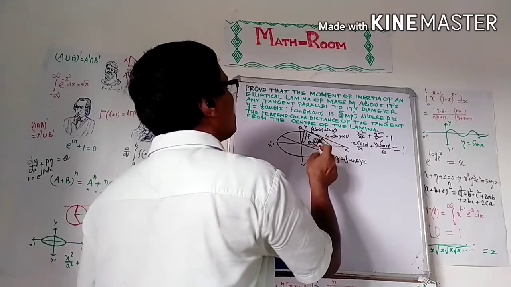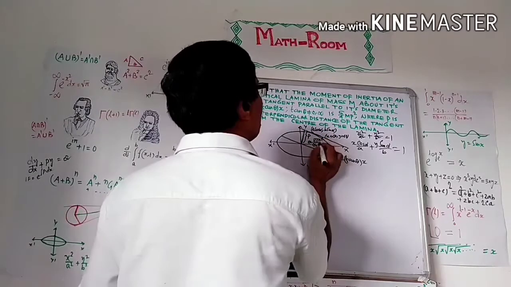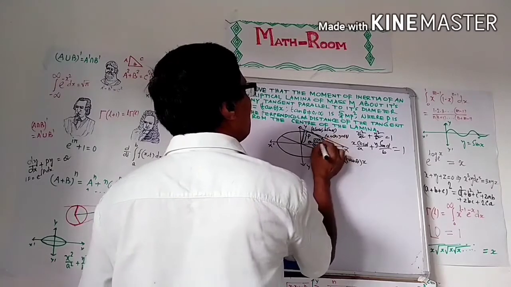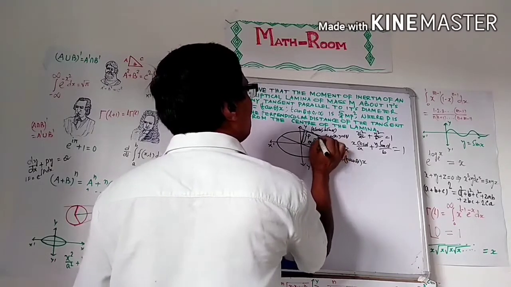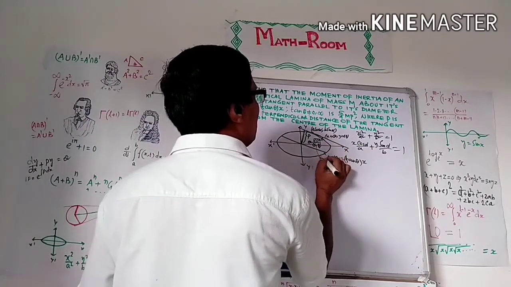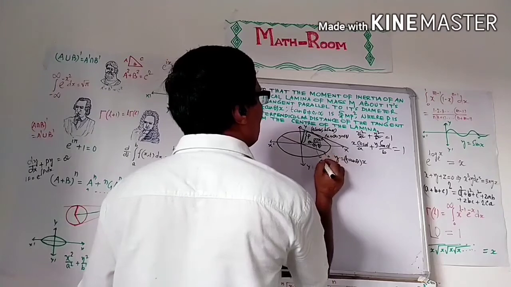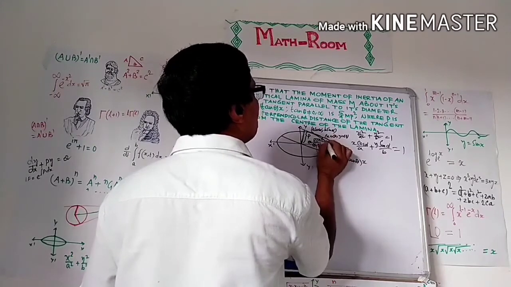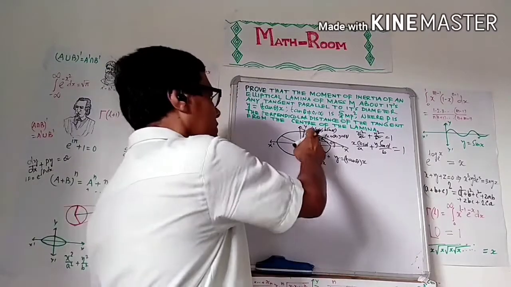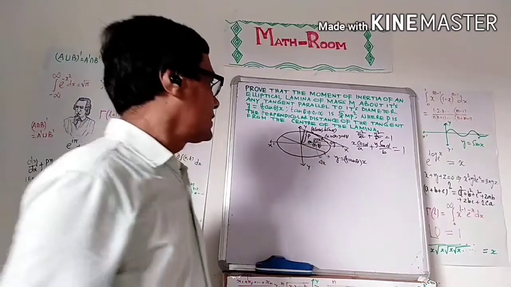Now to find the moment of inertia of this lamina, at first we take an elementary rectangular area whose length and breadth are del x and del y. This length is del x and this breadth is del y. So the area of this rectangle is del x del y.